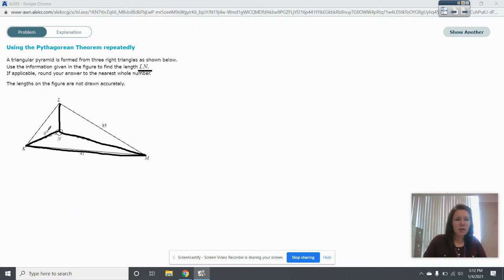So here I know that a leg is 9 because it's right by this 90-degree angle. So a squared plus b squared equals c squared. I have a leg of 9 that I do know. Now let's take a look. The other leg is right here, and I don't know what it is. So I'm just going to leave that as b squared. And c squared is the hypotenuse, which is 41 squared.